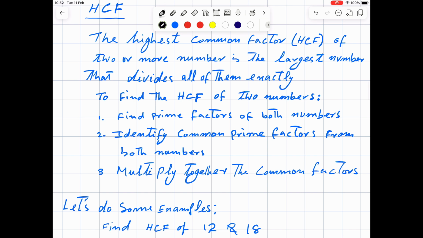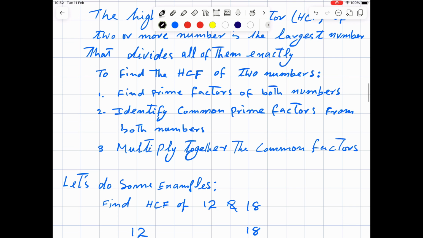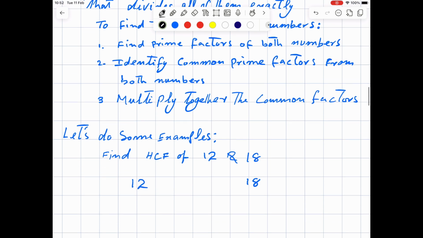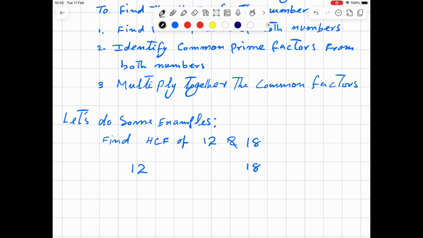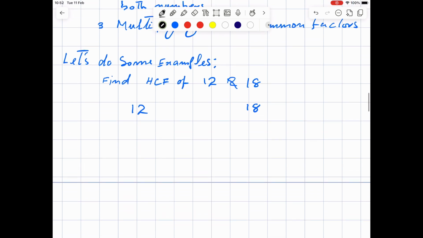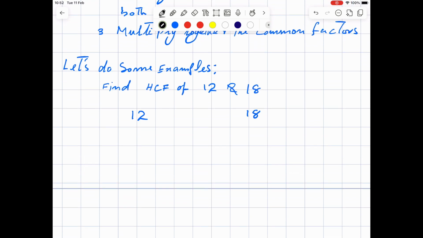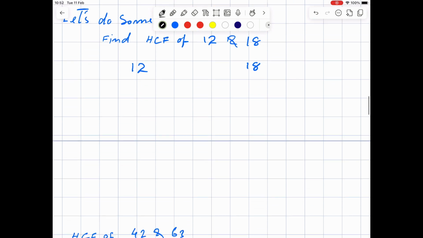To find the HCF of 2 numbers, first find prime factors of both numbers. Second, identify common prime factors from both numbers, which are all the numbers common to both sets, and then multiply these common numbers together.